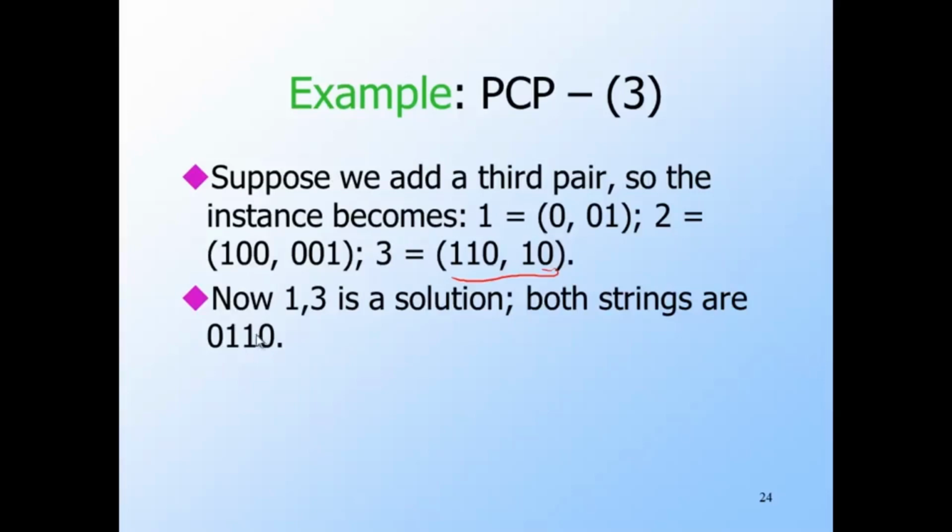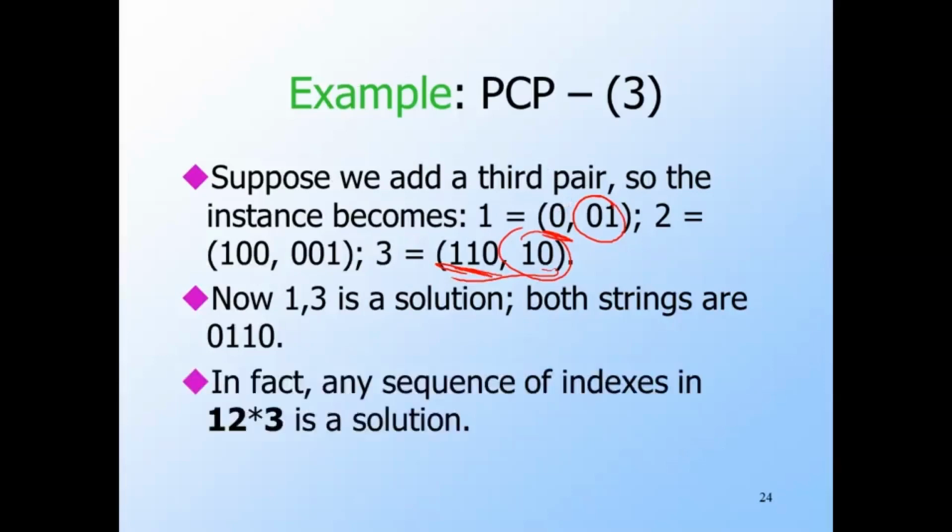From the corresponding second strings, we get 0, 1, followed by 1, 0, and that also is 0, 1, 1, 0.